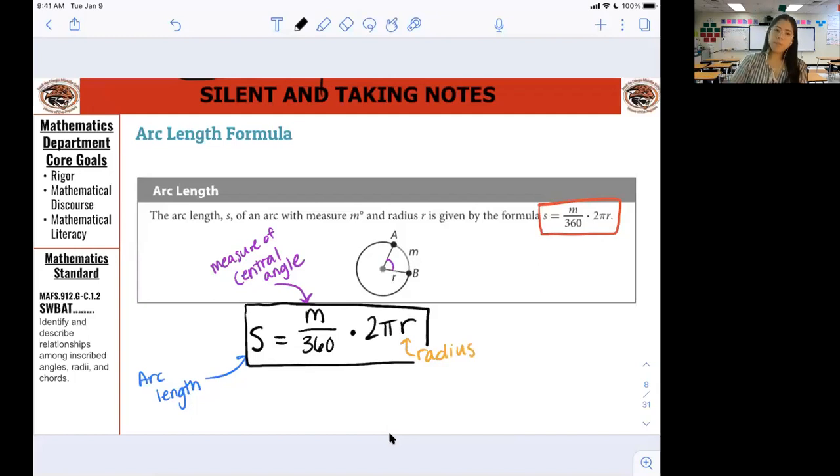Now, another way to memorize this, I can simplify it a little bit, because what is 2 pi r? When I say 2 pi r, that's the what?